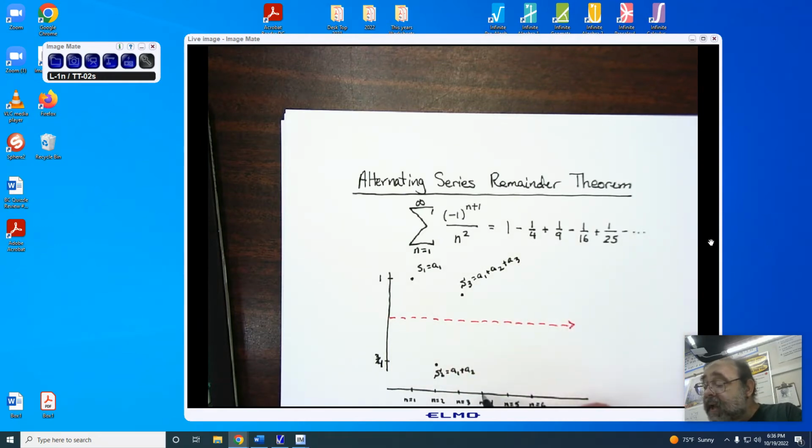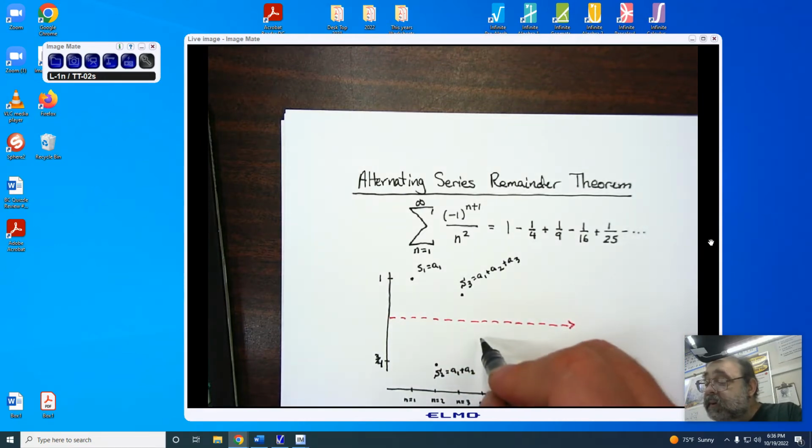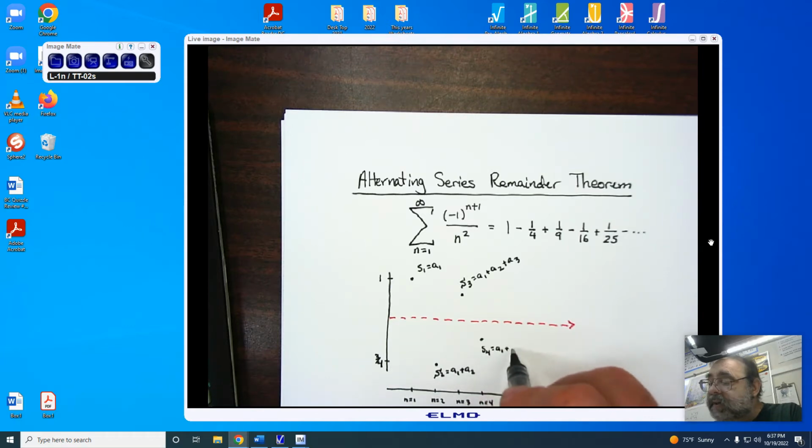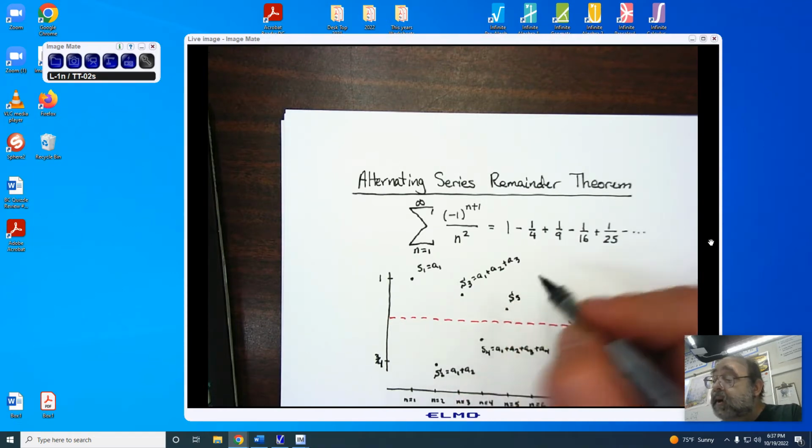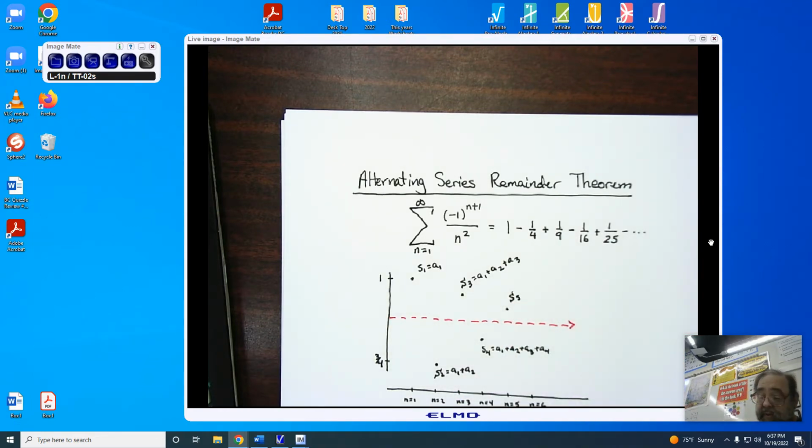If I then find S sub 4, it's going to jump back down again. And I now have S sub 4 is equal to a sub 1 plus a sub 2 plus a sub 3 plus a sub 4. S sub 5 jumps up again. Once again, the sum of all of my terms.